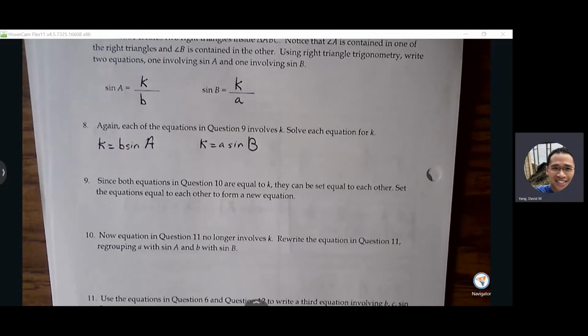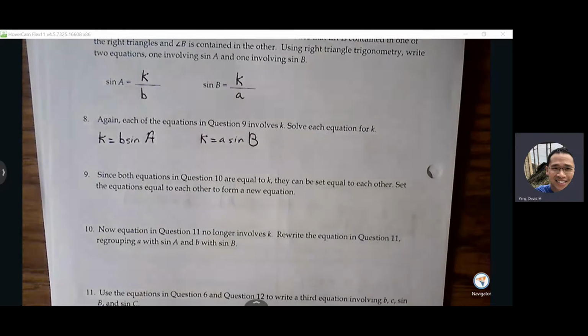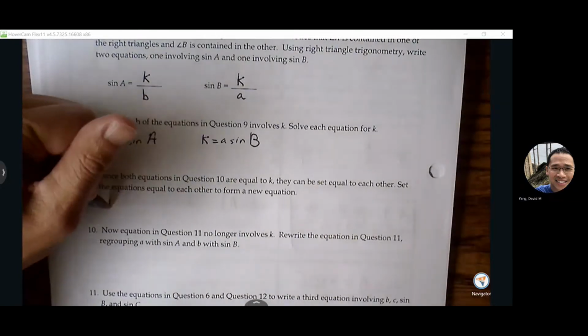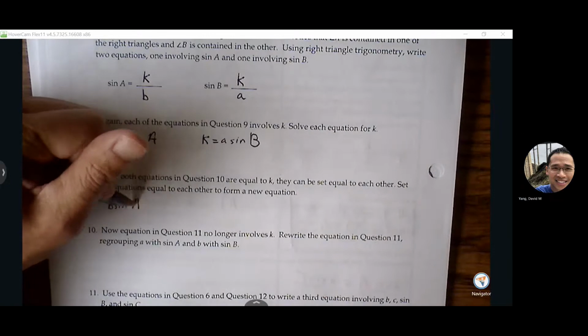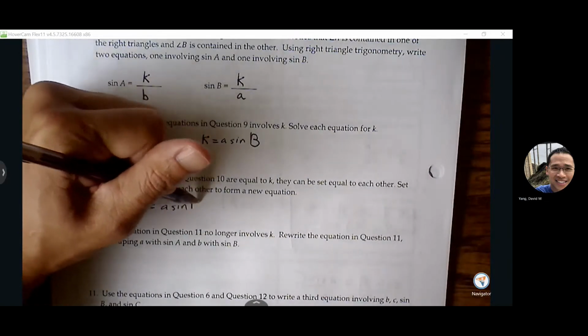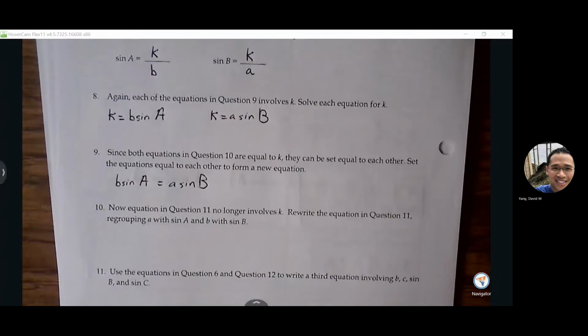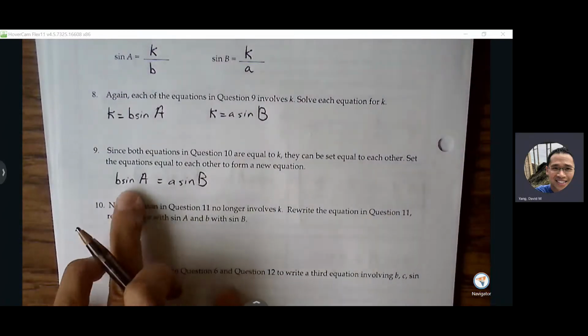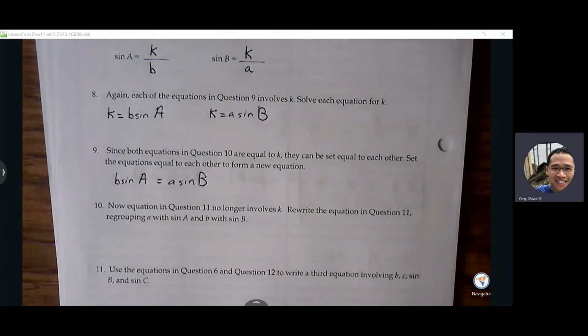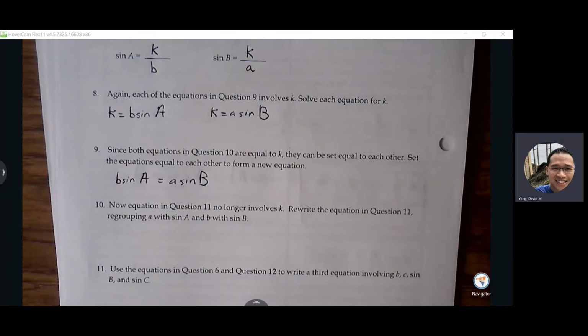Now that both equations are set equal to K, we know we can set them equal to each other. We'll divide the sine A over to the right, divide sine of B over to the left. We're just going to group all the A's together, group the B's together.